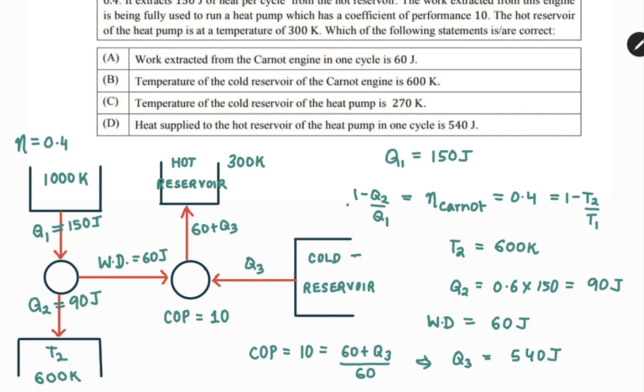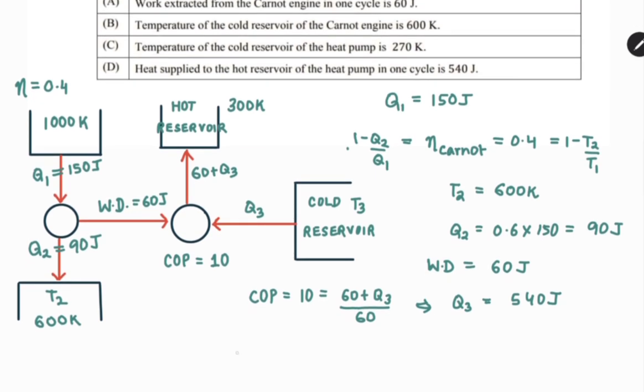If I mention the temperature as T3, we can say that T3 by Q3 is equal to 300 by 540 plus 60, that is 600. So if we solve for T3, we get T3 as half times 540, which is equal to 270 Kelvin.